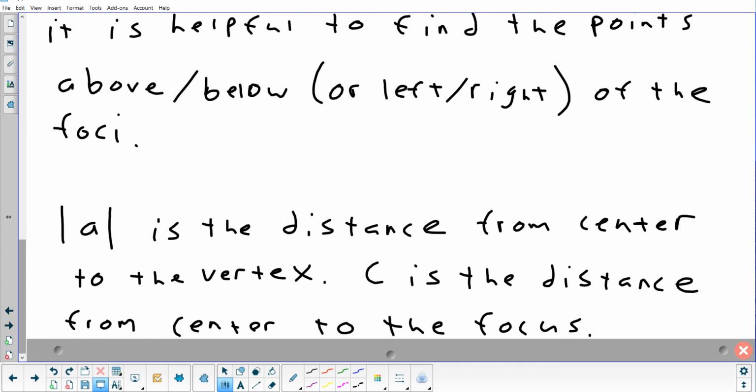For an ellipse, it's true, but not necessarily for a hyperbola. And I just put absolute value because remember, it is a distance, so you should never think of distance as a negative number. I'd have to double check, I'm not sure a can even come out as a negative number, but if it did, you'd never think of it as a negative because it's distance.